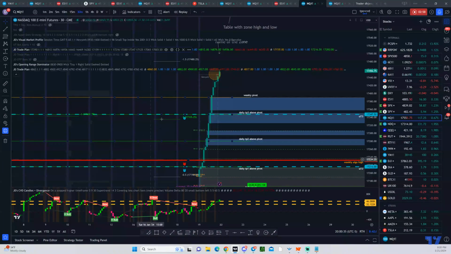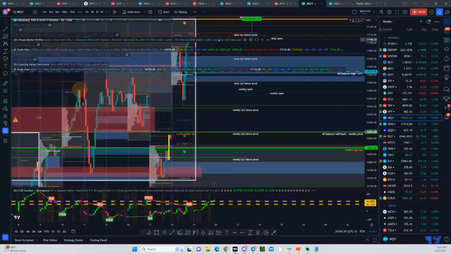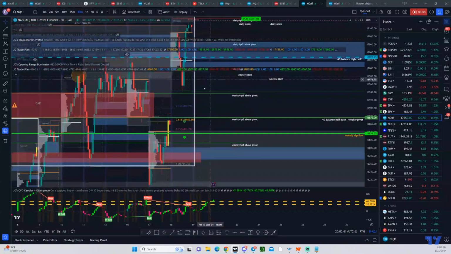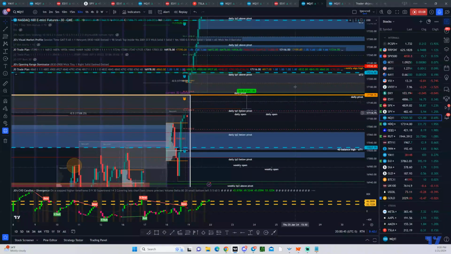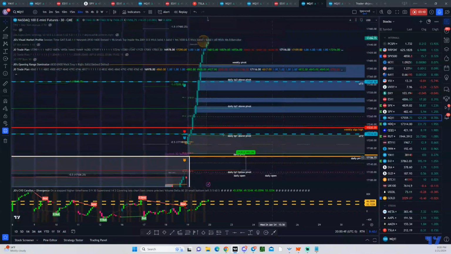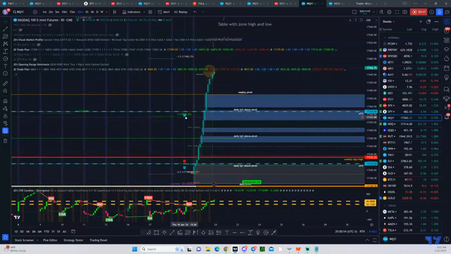When you take a look at the breakout that just happened, if we measure that area here, I have a fib here to here. We already reached, after we broke out of here, this area here.